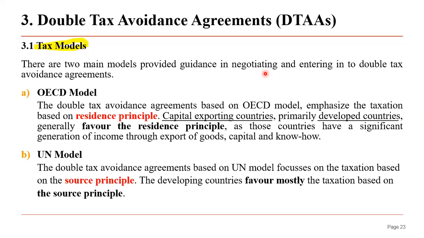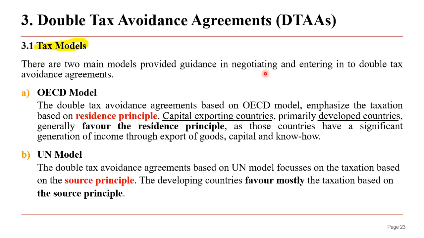They will go to the relevant country and negotiate with that particular country's tax authority, and finally end up with the agreement, sign it and finish it. Then they will publish it in the gazette; that is called a double tax avoidance agreement. So they will use these two models in order to develop the agreement. That is how they have developed it.